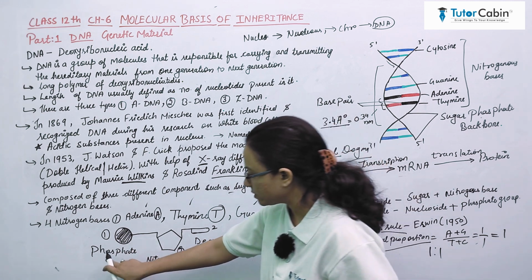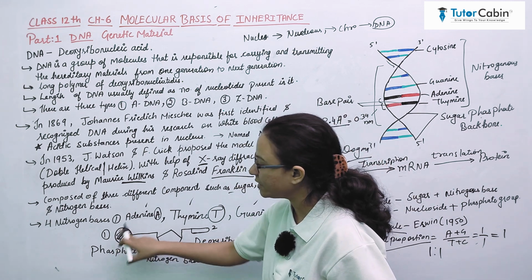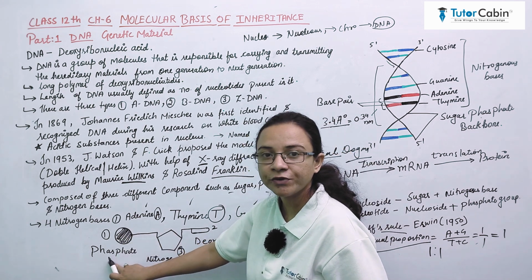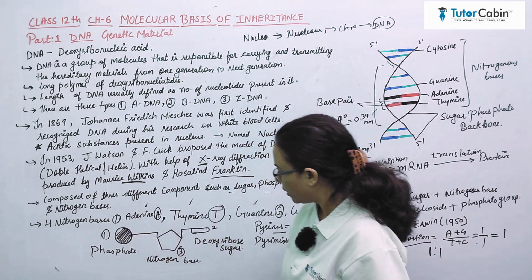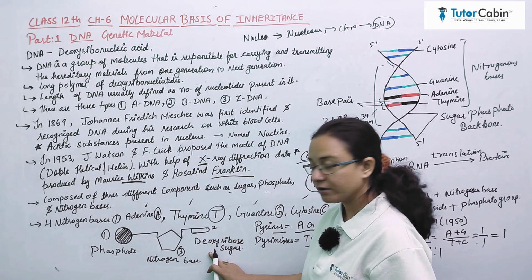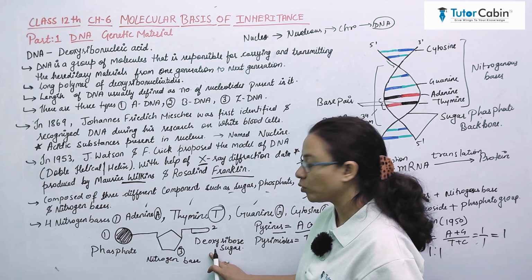So friends, please see this. These circled structures are the phosphate groups attached here, and this capsule-type structure is the deoxyribose sugar.